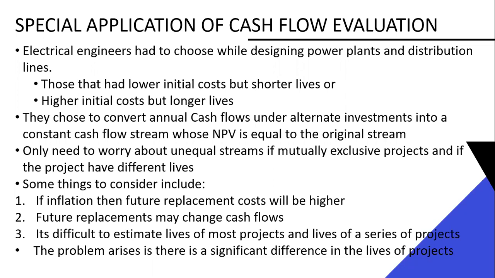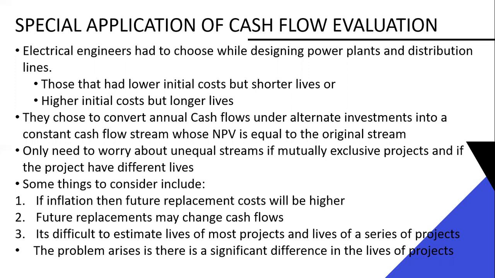And again, you already know how to calculate the equivalent annuities. We've covered that in the time value of money chapter. So that's another thing that can be done to evaluate different projects.